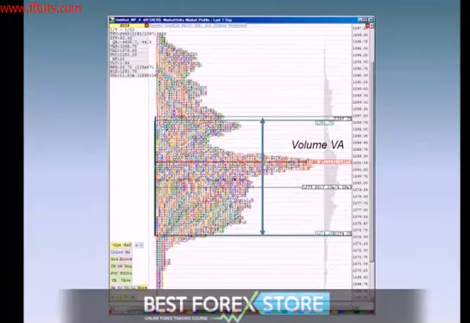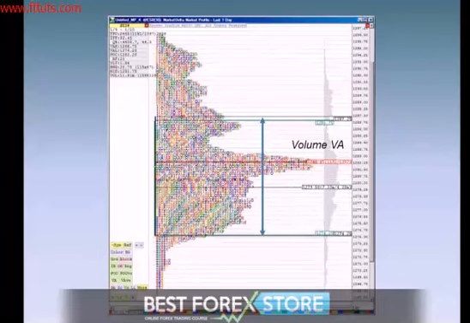So we see 70% of the prices that printed. But now, when we look at the volume, it tells us where 70% of the volume really is in the market. And sometimes you're going to find that those two ranges or value areas are not going to coincide with one another.